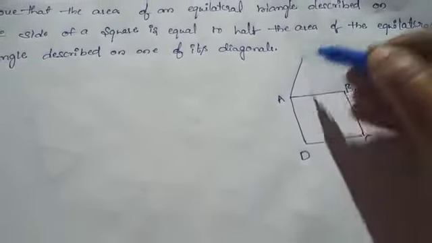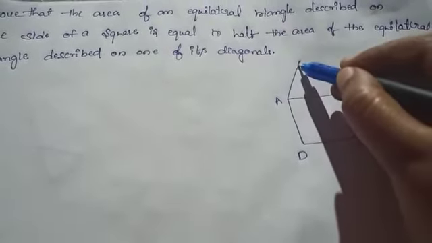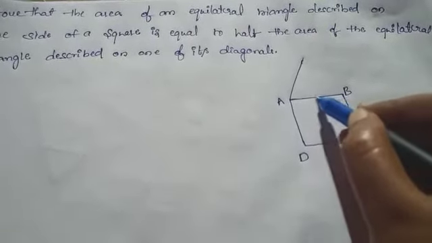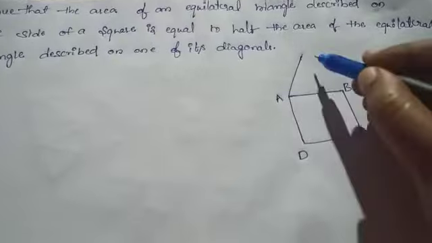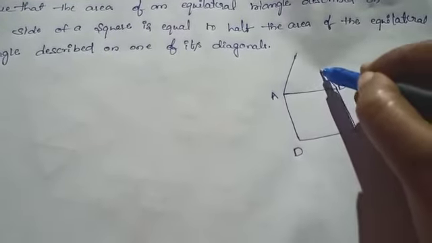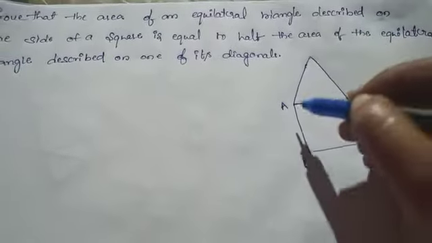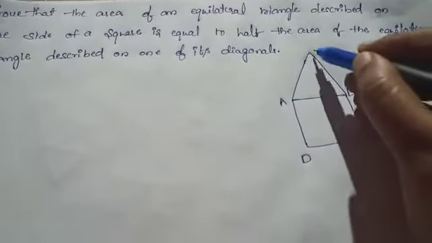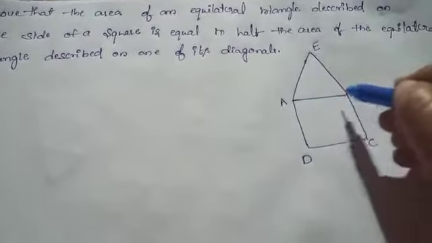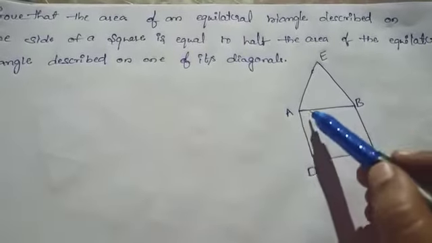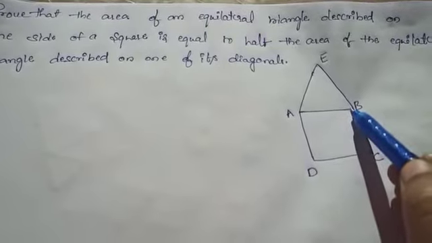Let's draw one equilateral triangle on one side of the square. AB is the one side of the square. So this is equilateral triangle ABE. AB is the one equilateral triangle on one side of the square.